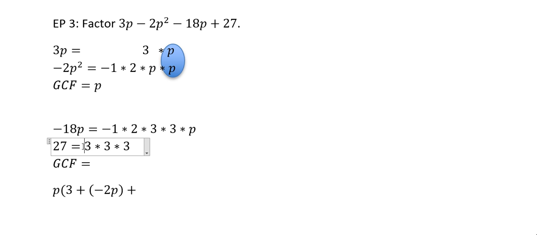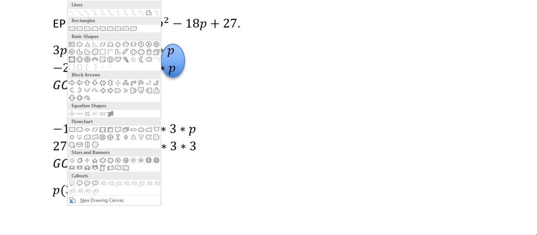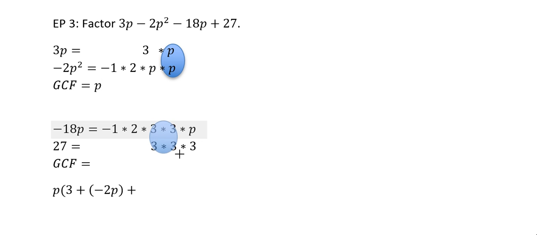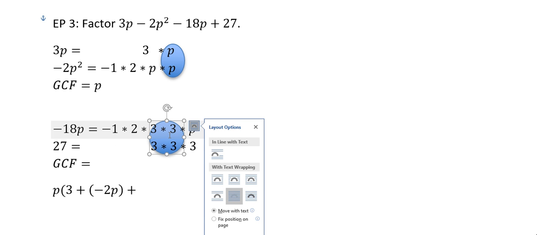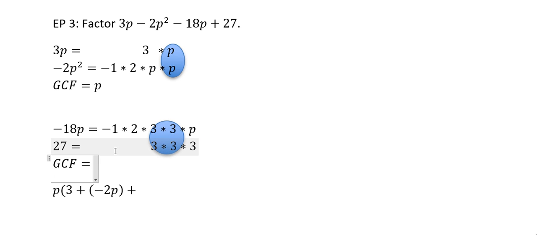What do these two terms have in common? Well, let's slide these over so I can circle things. We actually have, I'll do them all at once. We have 2 sets of 3's, right? So 3 times 3, or 9.